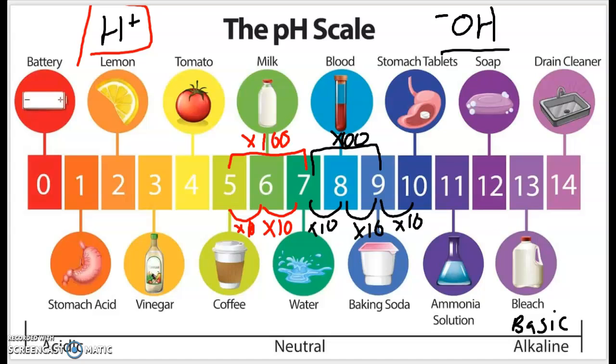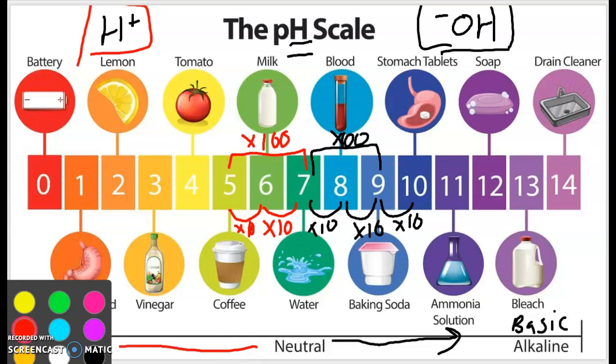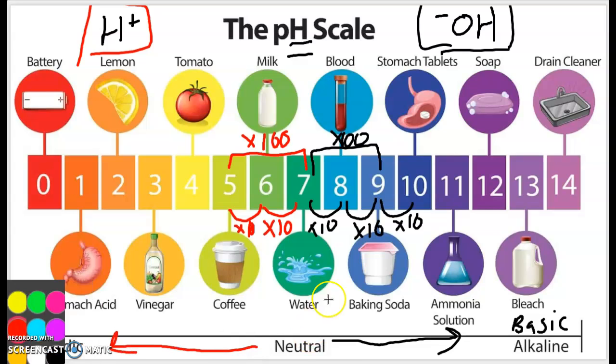The key thing that I want you guys to know is that when you are neutral, you have the same amount, I'm going to put a big equal sign, the same amount of H plus as OH minus ions. And the further you go basic, you're going to have more OH minus ions, and the further you go acidic, you're going to have more H plus ions.